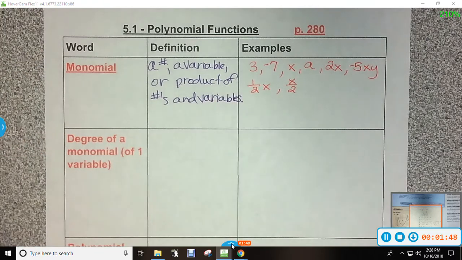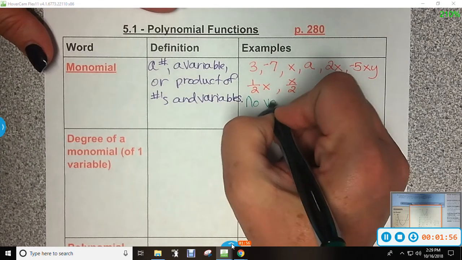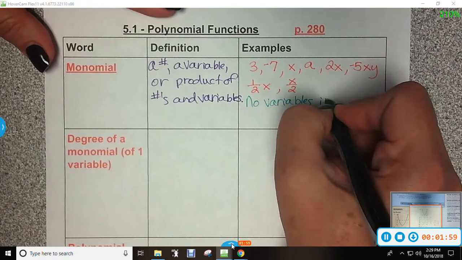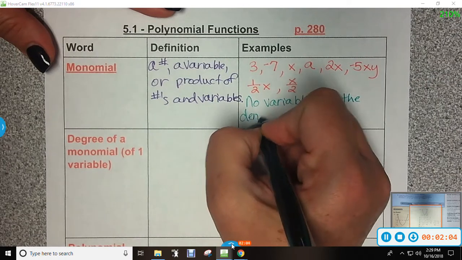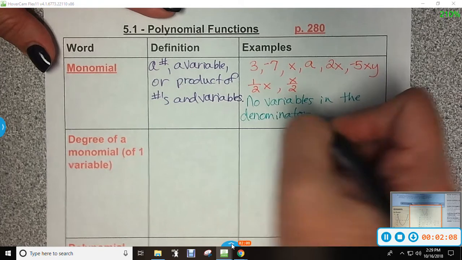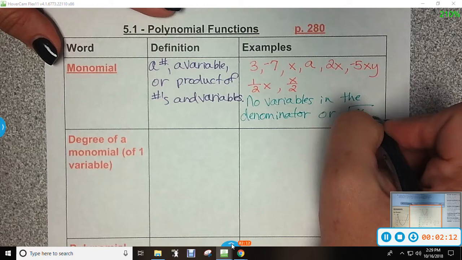Now, there is something that you cannot have when we're talking about a monomial. There can be no variables in the denominator of a fraction or under a radical. So you can't have like the square root of x.